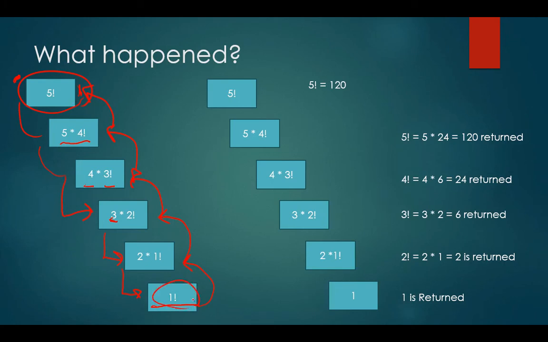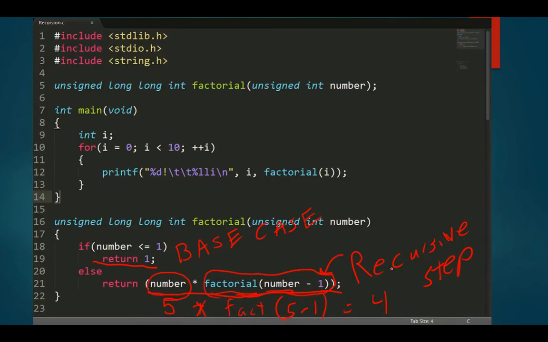When we reach that base case, we start to return. We return 1, right? That's the very first thing we do. And since the recursive call that got us to this condition was 2 times 1, we return 1 to here, and now we multiply.